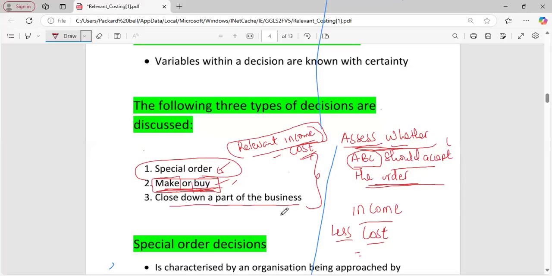So it's very important to understand from the scenario which topic is being tested in this question. That's the first thing that you need to understand: which topic am I tested on here?